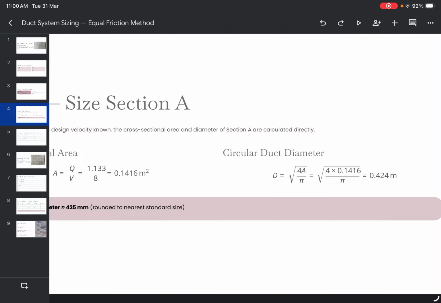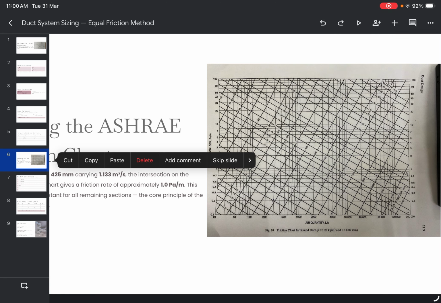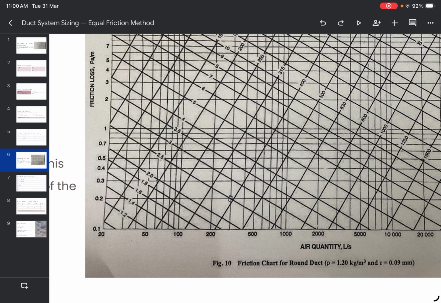So in the friction chart, using this diameter, look at this, you'll see that this is 400 mm, this is 500 mm, so 424 would be somewhere here, right? And you have the quantity of around 1000, slightly more than 1000, right?